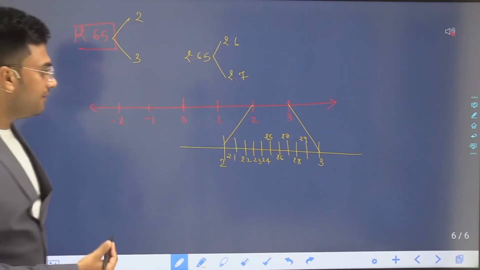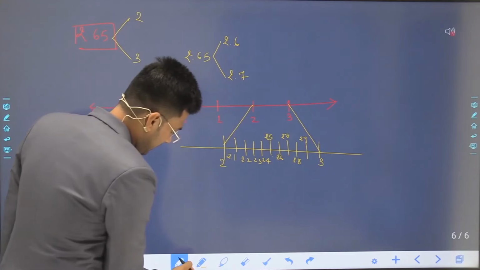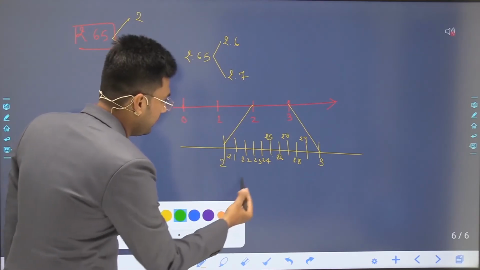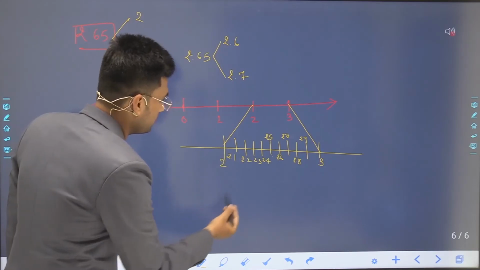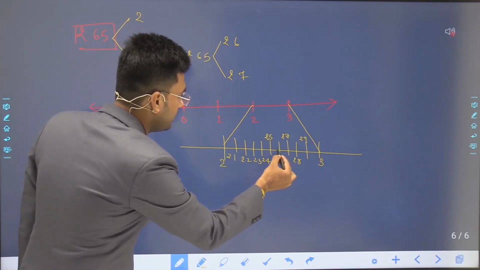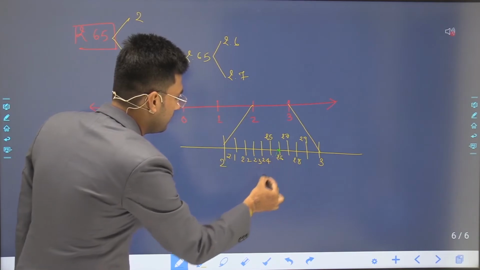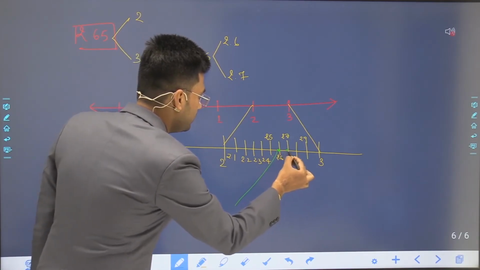So again divide 2.6 and 2.7 into equal parts. This is 2.6 and this is 2.7.